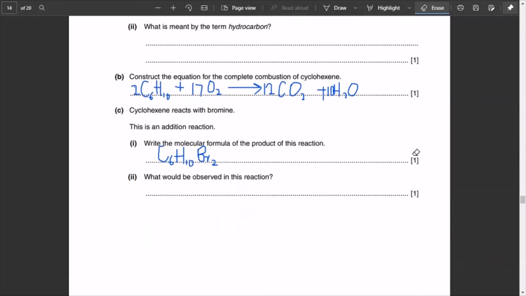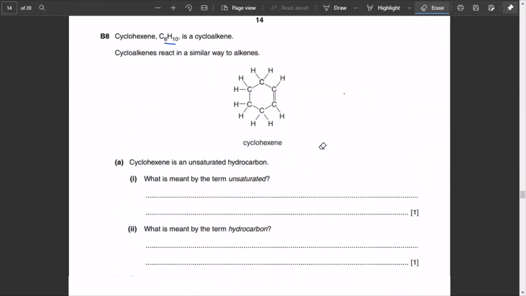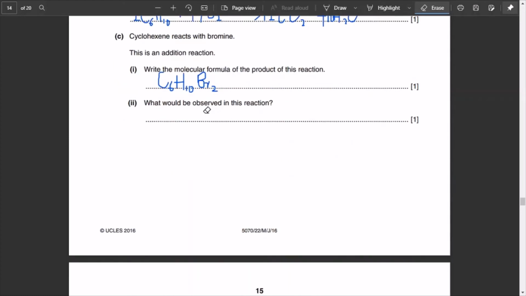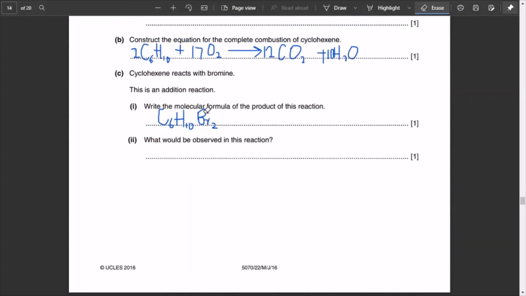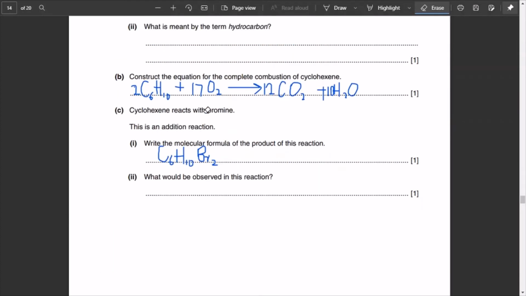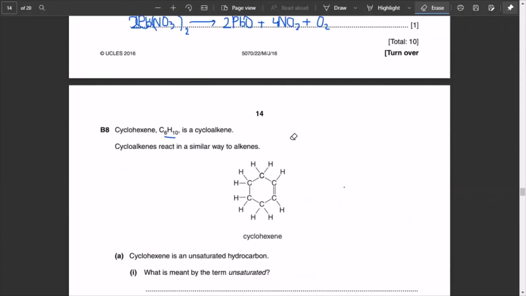Moving on to part C, cyclohexene reacts with bromine. This is an addition reaction. Write the molecular formula for the product of this reaction. So, if we do an addition reaction over here, C6H10Br2 will be formed. Over here we get a Br and over here we get a Br.